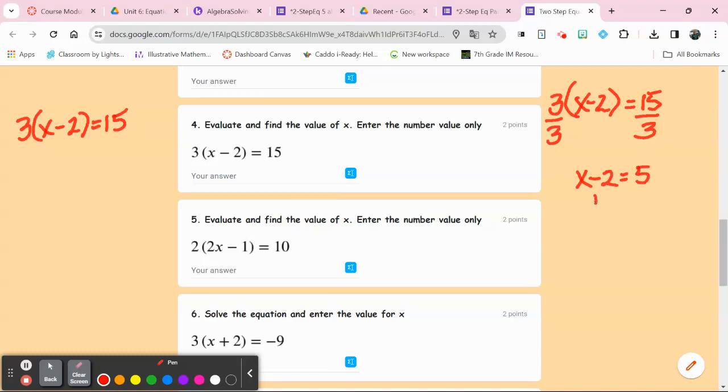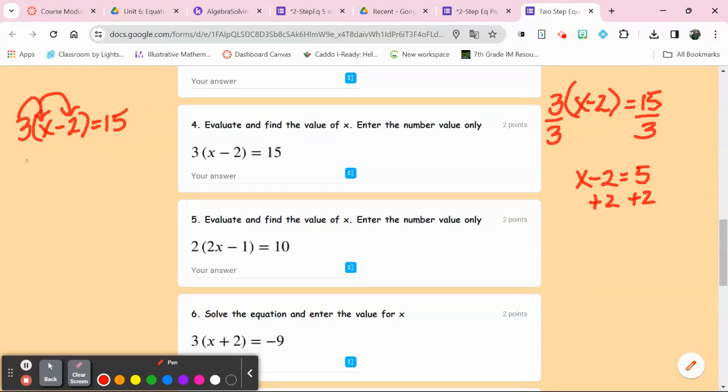Then all you have to do is add 2 to both sides to get your answer, which I'm not going to go over. And if you decided to distribute, that 3 is multiplied to both terms inside the group before we can take out those parentheses.